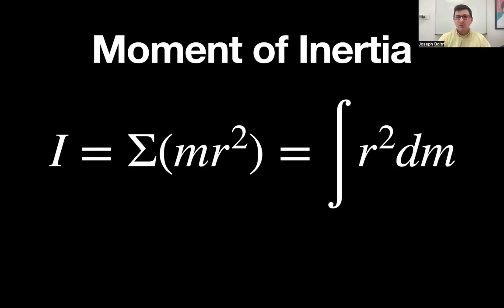So what I want you to do is look back at your notes from the center of mass, the continuous center of mass lesson, and see if you could apply those notes. Now, instead of using x dm, you use x squared dm, and see if you can derive some of those moments of inertia. And if you get stuck, if it doesn't end up working out, we are going to go over that in our next class.